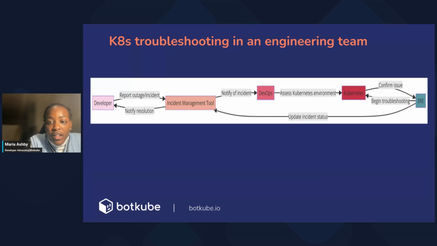And then you would begin troubleshooting, update the incident status through the incident management tool, and then notify the rest of the team that the incident has been resolved. So that's a lot of steps and a lot of people involved in the process.